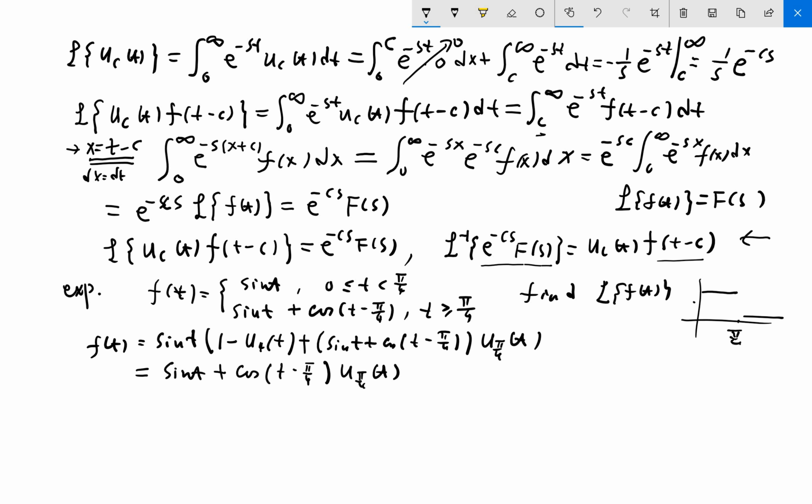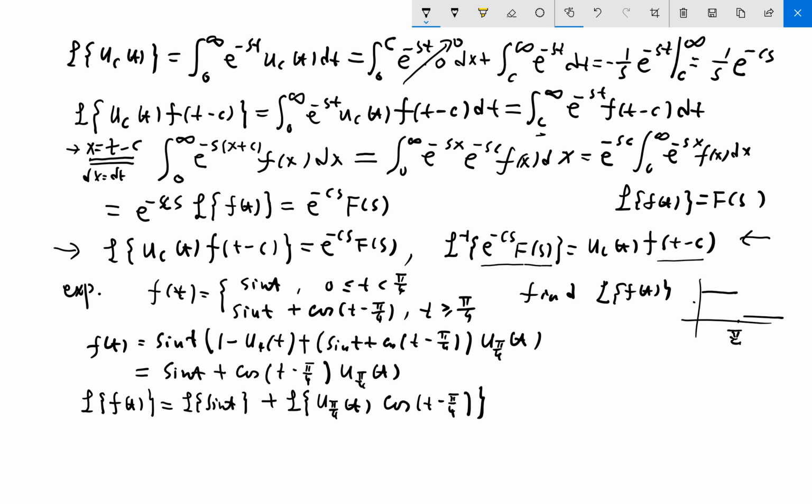Now we can look for its Laplace transform by using the formula. So the Laplace transform of that is the Laplace transform of sine t plus the Laplace transform of u_{pi/4}(t) times cosine of (t minus pi over 4).